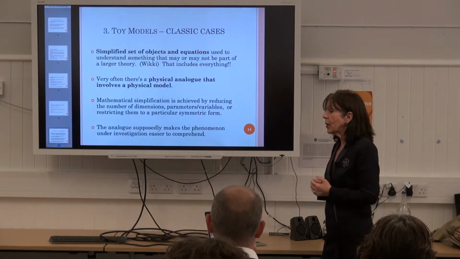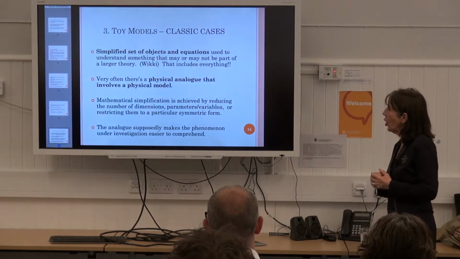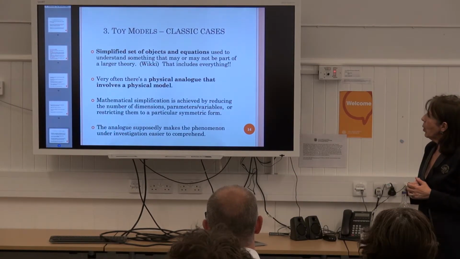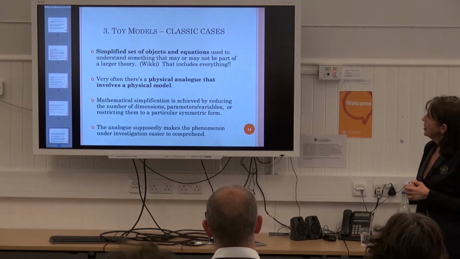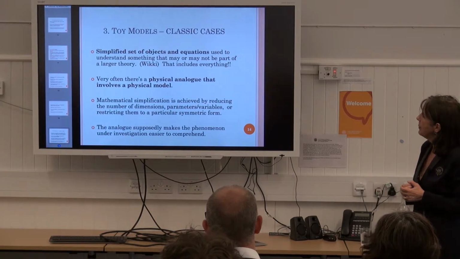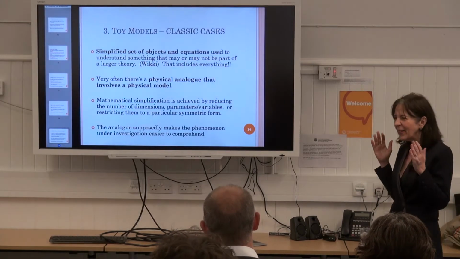But first of all, if we go to Wikipedia, the source of everything that's known, they say a toy model is a simplified set of objects and equations used to understand something that may or may not be part of a larger theory. Wow, well, that takes into account everything.